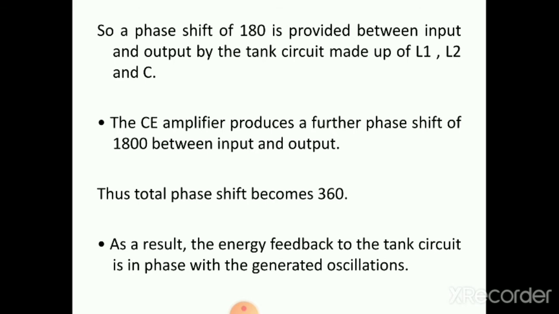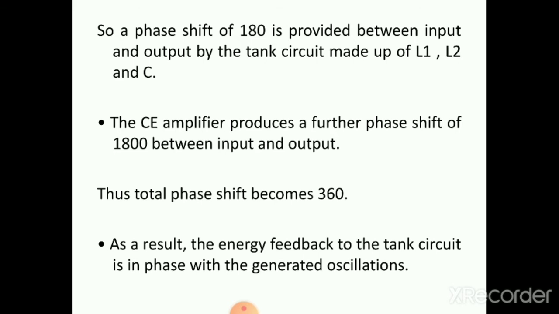Because if you can remember from the previous lesson, that is the necessary condition, the Barkhausen criteria, in order to produce sustained oscillations. You need A beta equal to 1, that is the loop gain should be 1, and the total phase angle of the circuit should be 360 degrees or 0 degrees, that is both should be in phase.